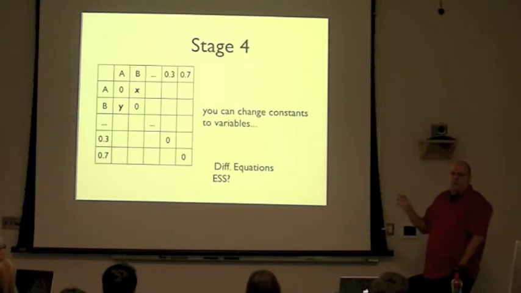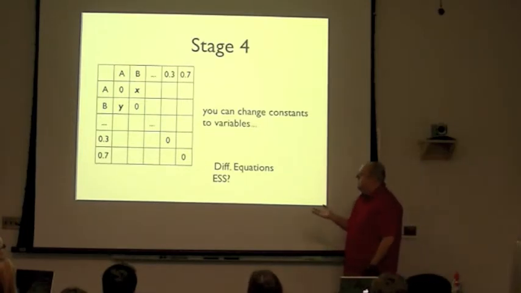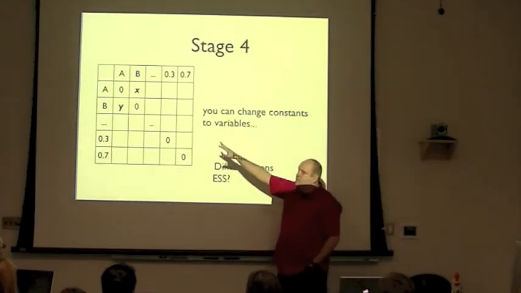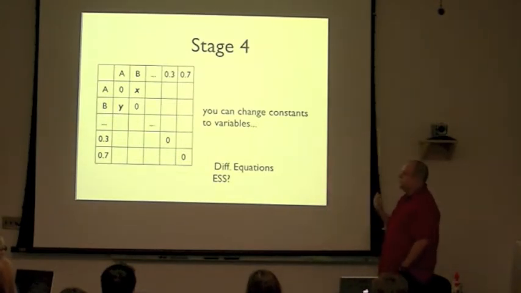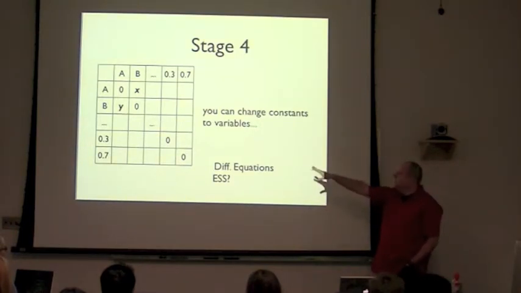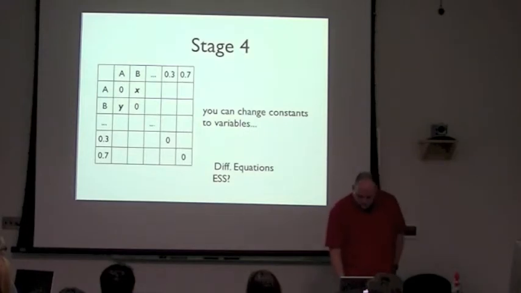They're suddenly dependent on seasons, tides, and those kinds of things. Well, that's still fine if you know that, for example, X and Y are always positive or always negative. You can still do the evolutionary stable strategy considerations. However, the solutions that you get are suddenly dependent on these outside variables. And even if you solve these differential equations, you will not find a single solution. You will find a solution that is dependent on these variables. Okay, we still do it.